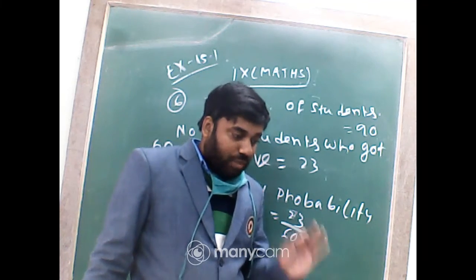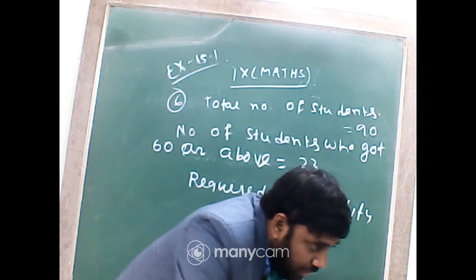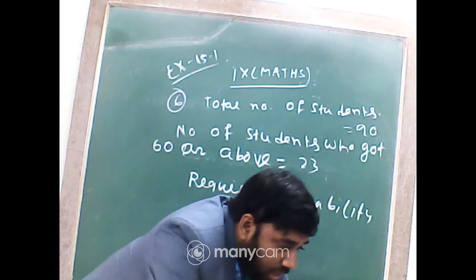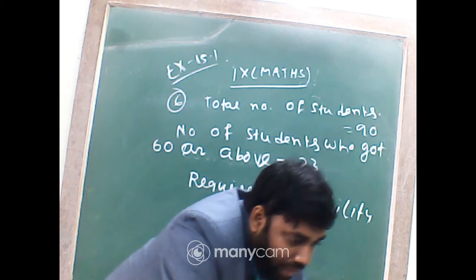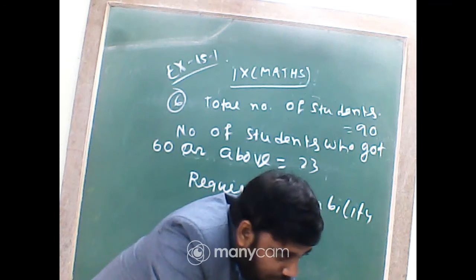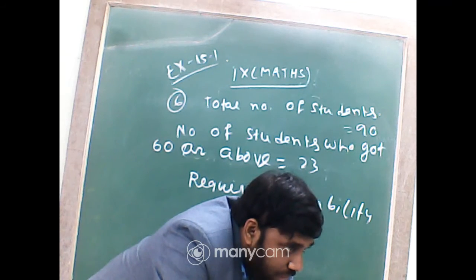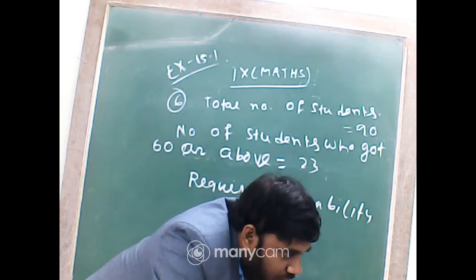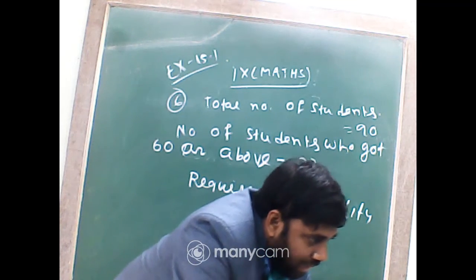Now one extra question that is not from your NCERT book. Okay, tell me, and try to answer fast. I want to see who are the first 3 students who will be able to answer. Tell me the probability of choosing a student who got less than 30.